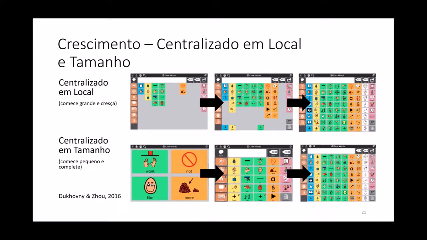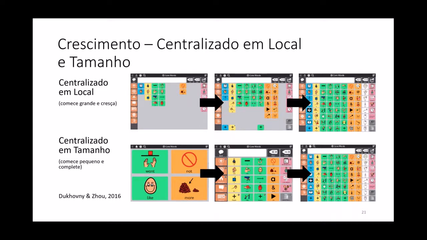They can touch small buttons, they can see small buttons. We're just simplifying the screen by hiding buttons and gradually introducing them. We've also provided some resources that give you pretty much a list of what order you should introduce the words, and I'll show you that in just a minute.